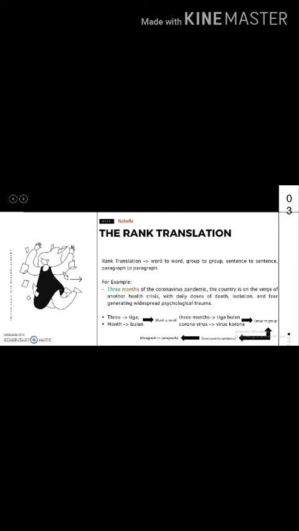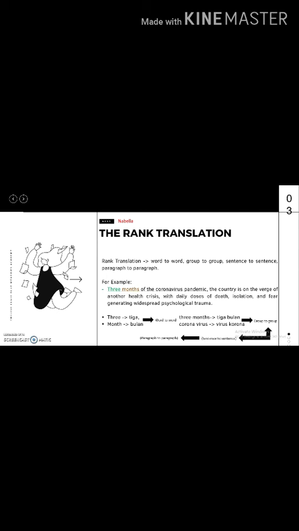So it can be concluded that rank translation is in the form of level translations, which, for example, can start with a word and then group by group, or come to a comma and then the sentence, and can be increased again from paragraph to paragraph and finally discourse to discourse.